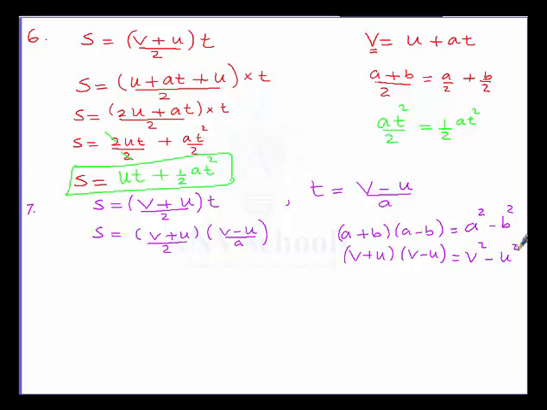So I can write s, because I multiply the numerators, v plus u multiplied by v minus u, divided by 2a. Now I can write this as s is equal to v square minus u square divided by 2a. I'm using this property, called the difference of two squares.